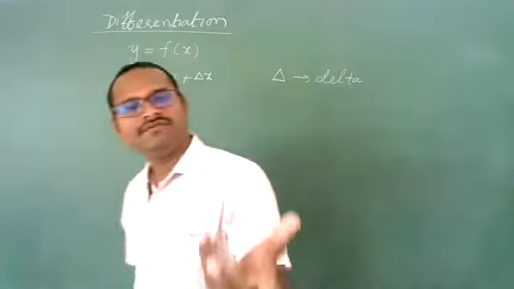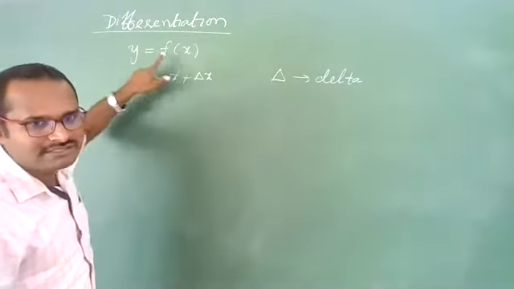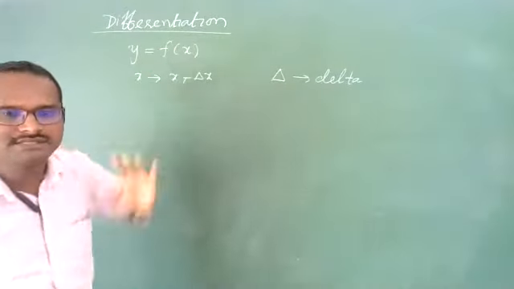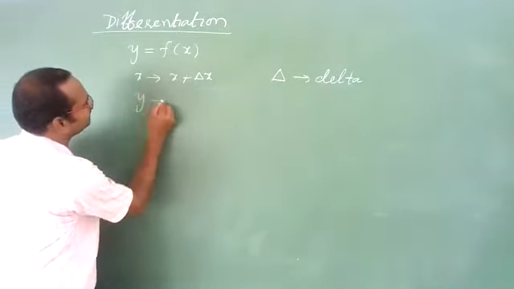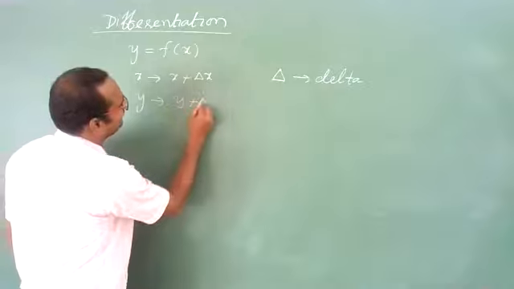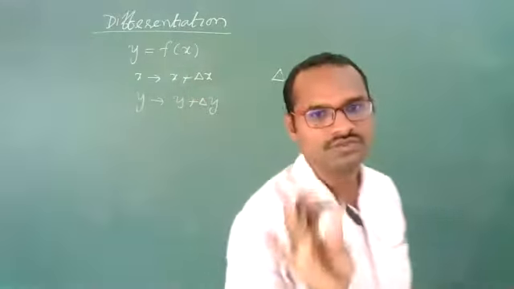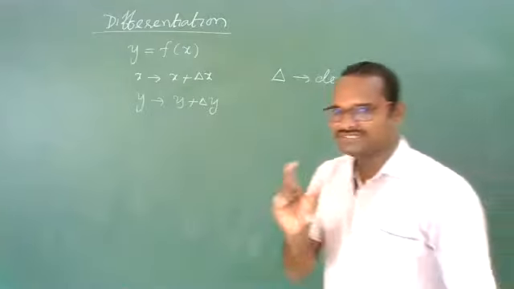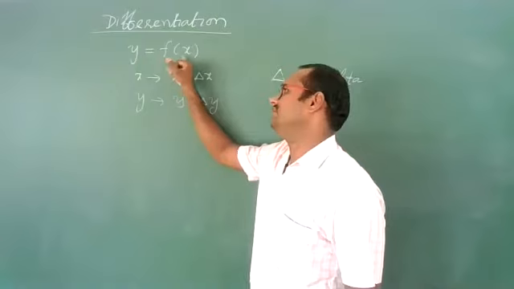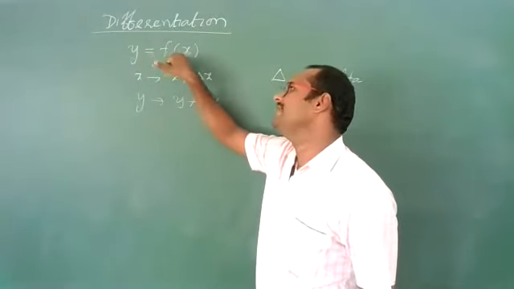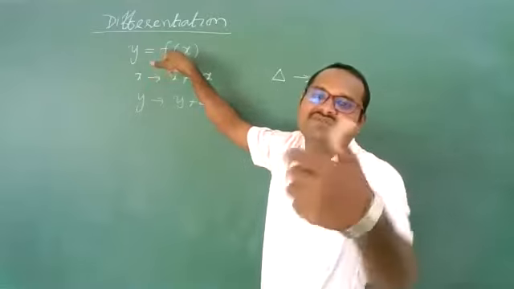Then what happened to y value? Y value depends upon x, means y value also increases. Then y value will become y plus delta y. Are you understanding what I am saying? Let us suppose we are having one function which is named as y is equal to f of x, means y value depends upon variable x in any one format.